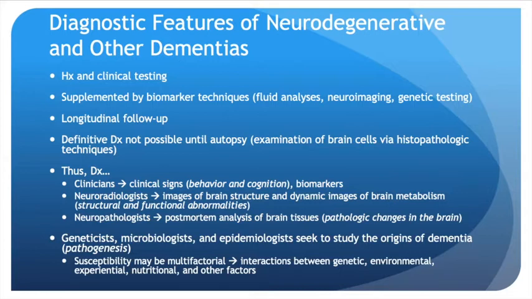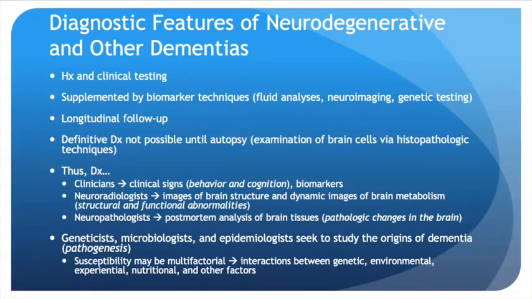So the diagnosis is given clinically via clinical signs, so behaviors, cognition measured via assessment, various forms of standardized testing, via biomarkers such as changes in the cerebrospinal fluid, neuroradiologically via imaging of the brain structure and dynamic images of brain metabolism, like for example an fMRI, or structural imaging, so MRI, or maybe even CT scans.